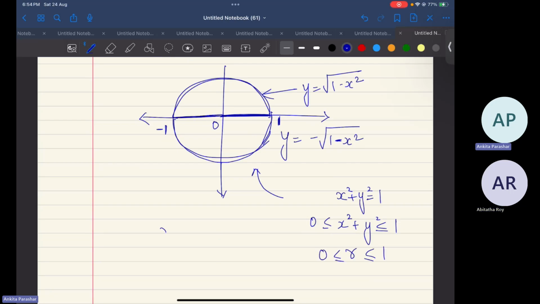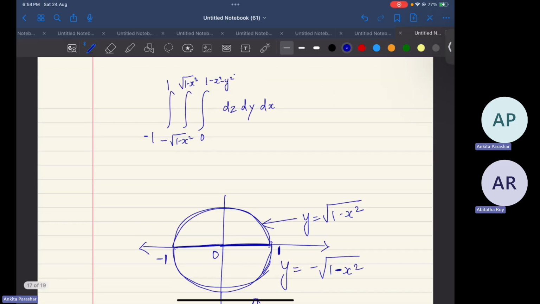If I take x is r cos theta, y is r sin theta, then this part will become 0 to 1 minus r square, because you have x square plus y square. Then certain limits for r, certain limits for theta, and there it is r dr d theta, as you remember.